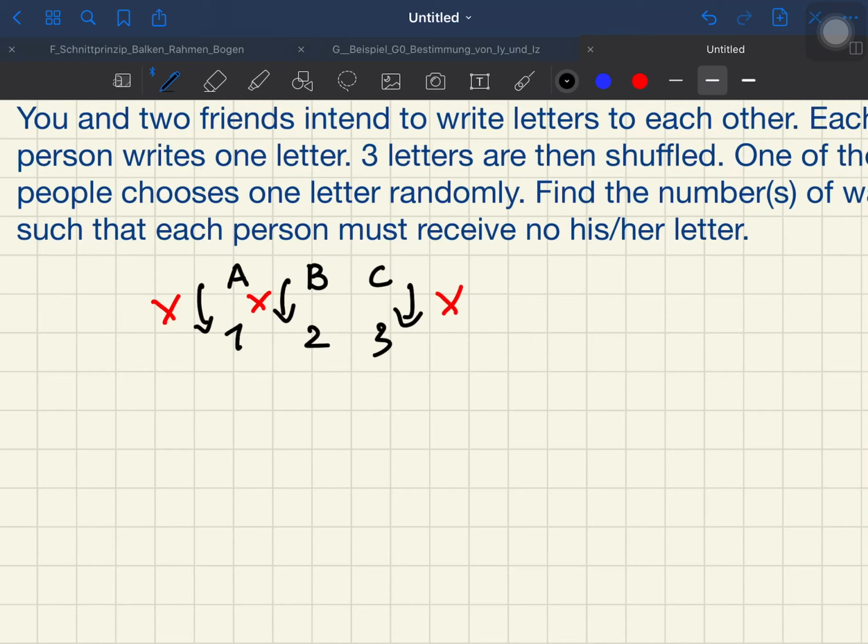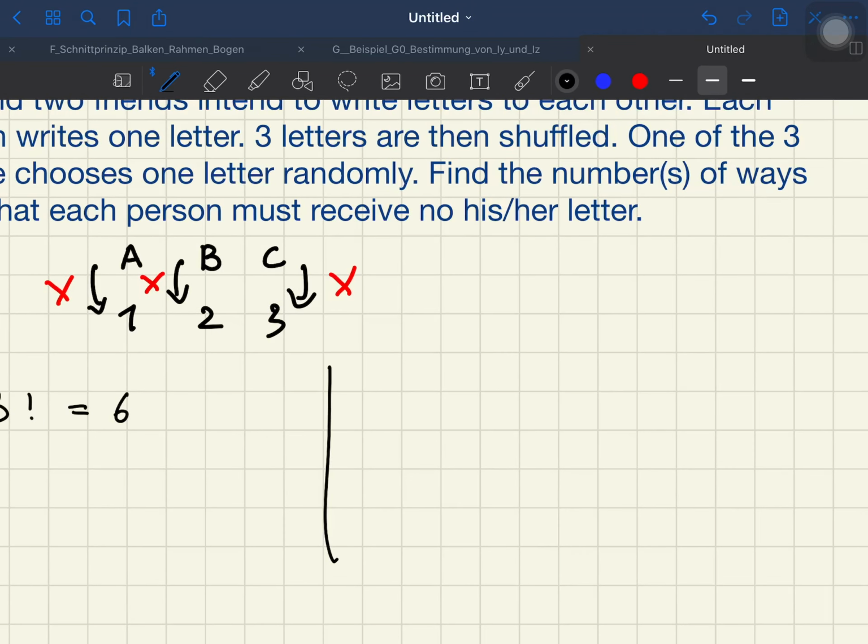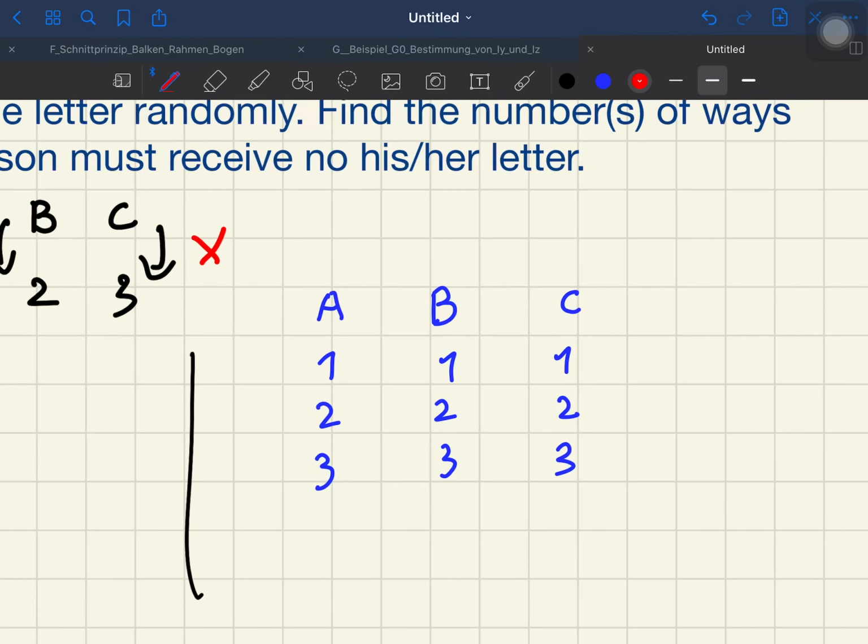If you try to imagine this situation, you can just use the first method, which is 3 factorial equals 6. This is the total. The second method is to draw a row and column diagram, which includes letter 1, letter 2, letter 3 for person A, and for person B, letter 1, letter 2, letter 3, and the same for C. You try to use a pen of another color to connect them.